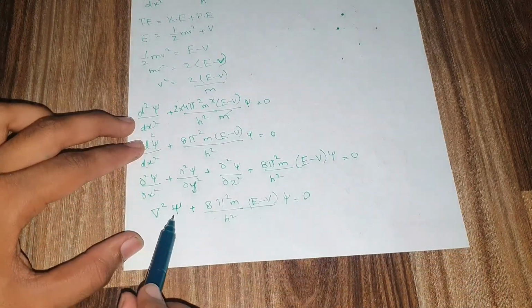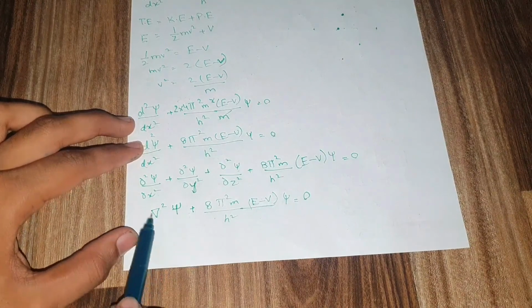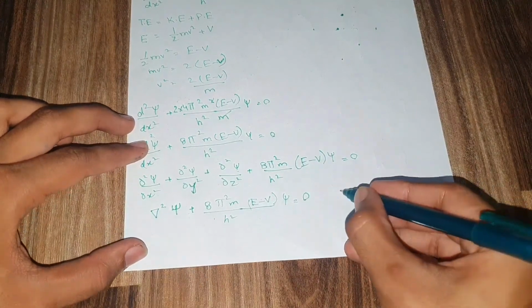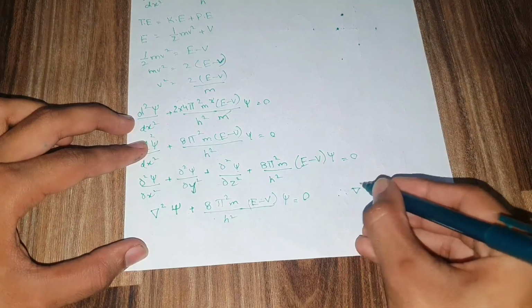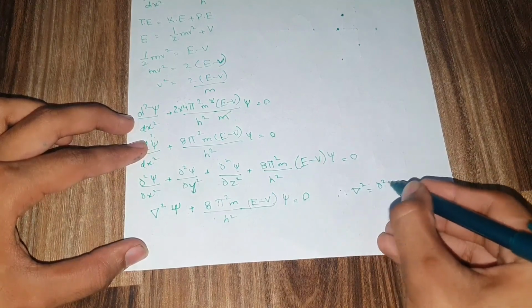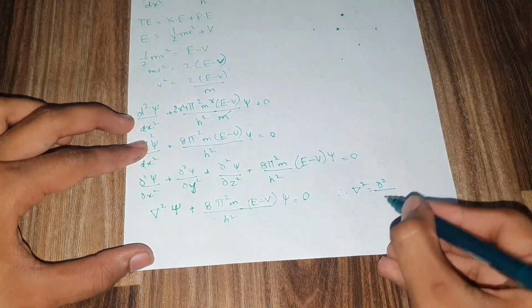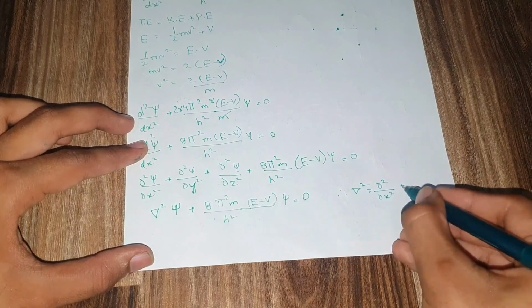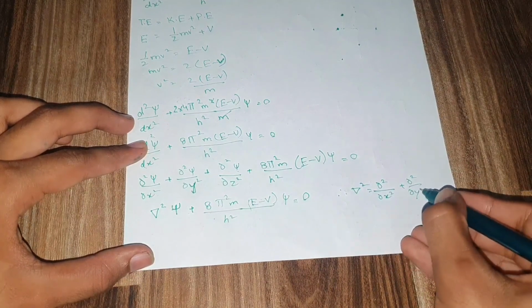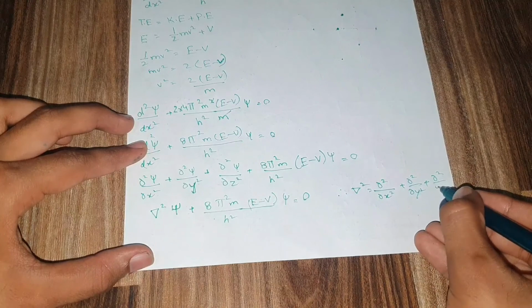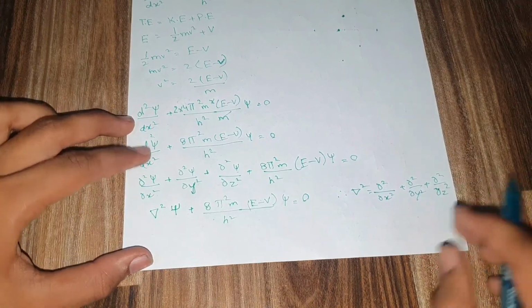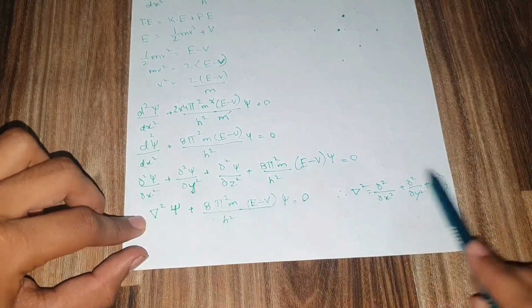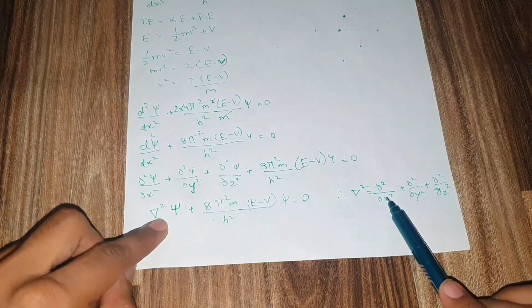Here del squared is equal to del squared by del x squared plus del squared by del y squared plus del squared by del z squared, and it is multiplied by psi.